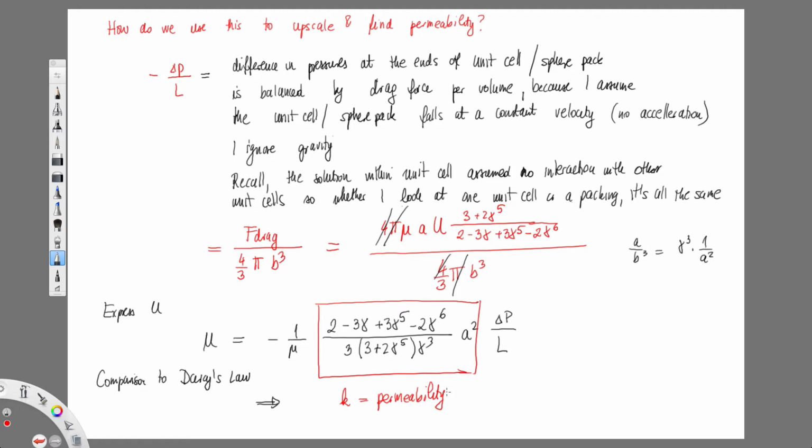I have a function of porosity times a squared, which is grain or sphere radius. Okay? And we will call this K unit cell for a concentrated, meaning sort of a tighter packing.